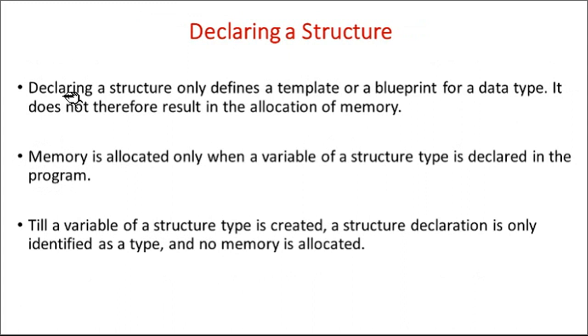In summary, declaring a structure only defines a template or blueprint for a data type; it does not allocate memory. Memory is allocated only when a variable of a structure type is declared in the program. Till then, the structure declaration is only identified as a type and no memory is allocated.